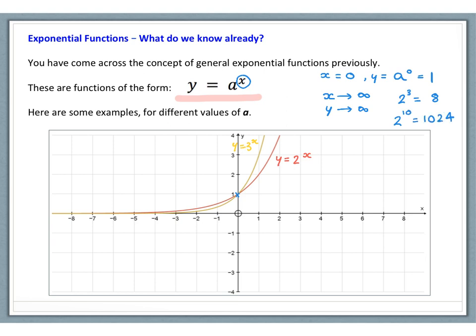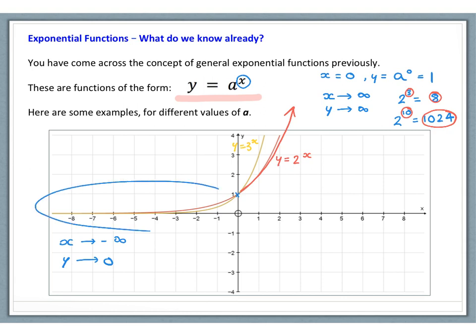So the difference in the x values goes from 3 to 10, which is a very small difference, but the difference in the y values goes from 8 to 1024, and we sometimes refer to this as exponential growth. And you can see that as the x values get larger and larger, the graphs increase like this, getting steeper and steeper.